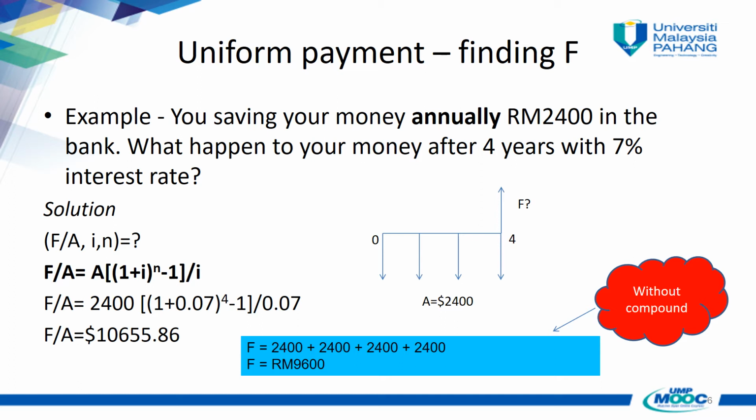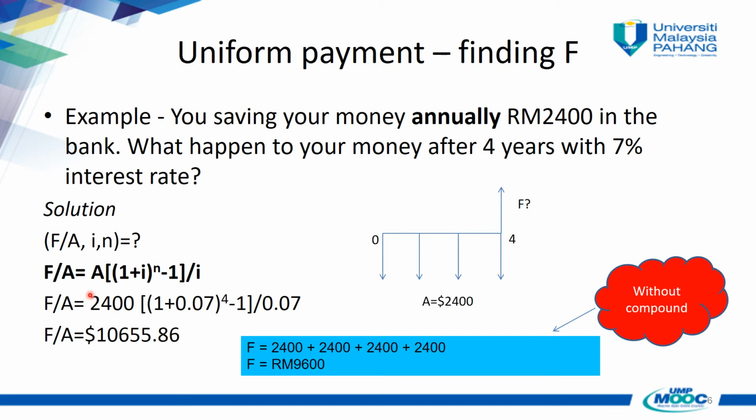Let's see another example based on our uniform payment, when we want to find our future value. We make a saving consistently annually of 2,400 ringgit in our bank, and we want to find out after 4 years how much money we will have saved in the future.